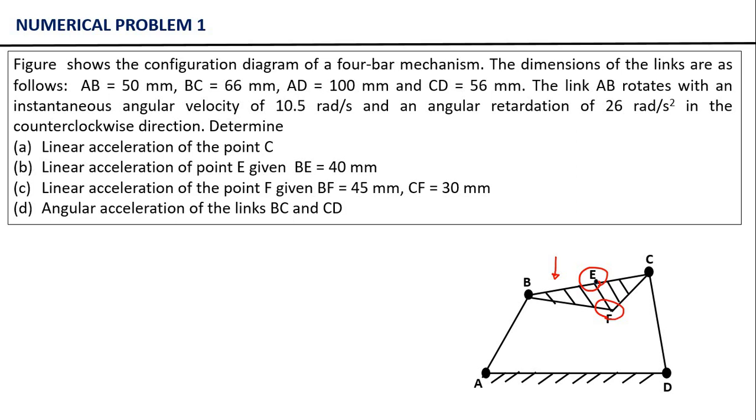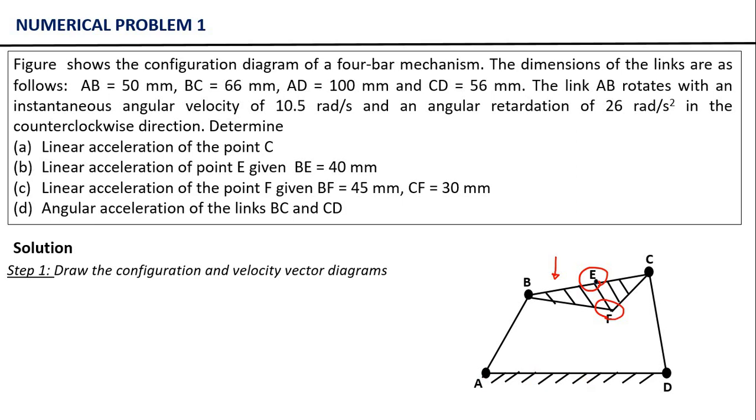Obviously the first step is to draw the configuration diagram for the Fourbar mechanism. We have already discussed in the previous sessions how we can draw the configuration diagram using the length of the links and the angle which these links make with the fixed link.